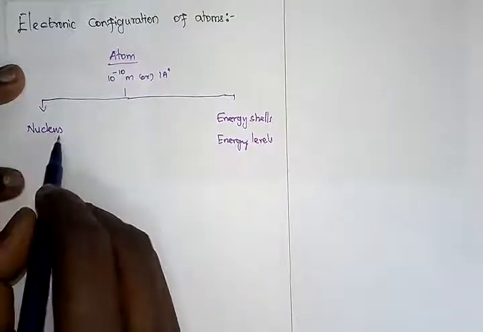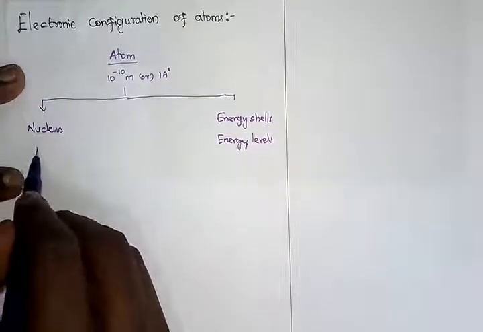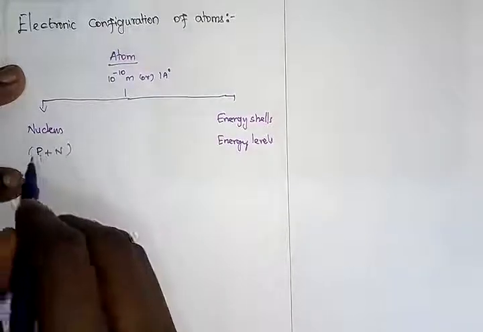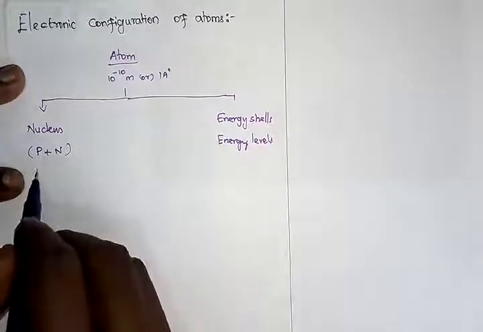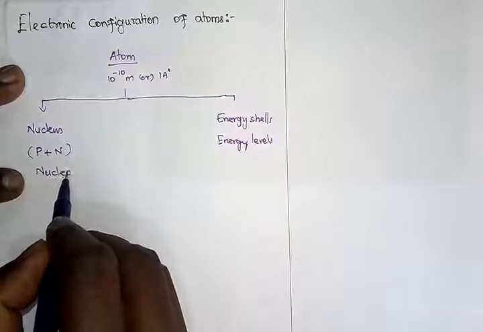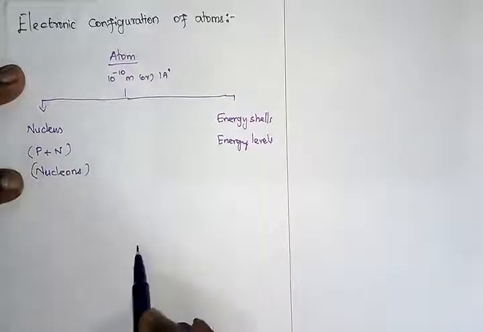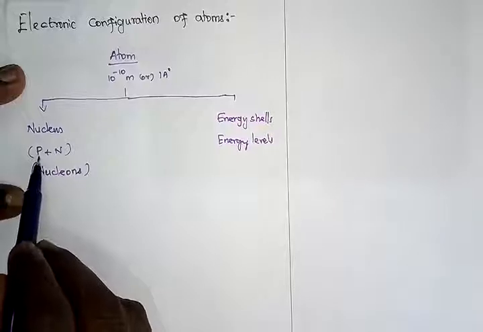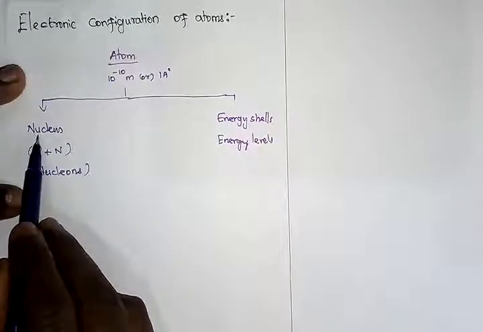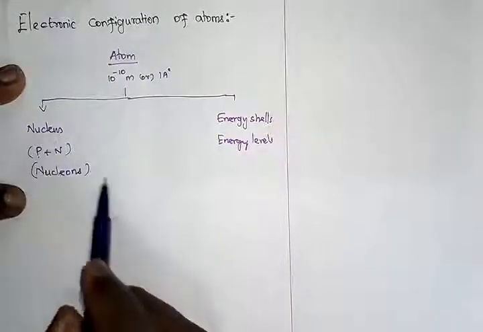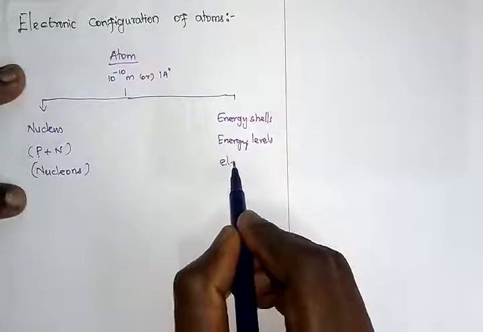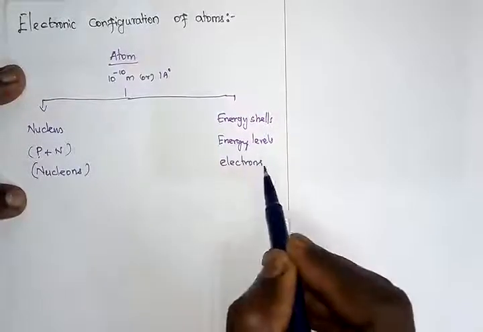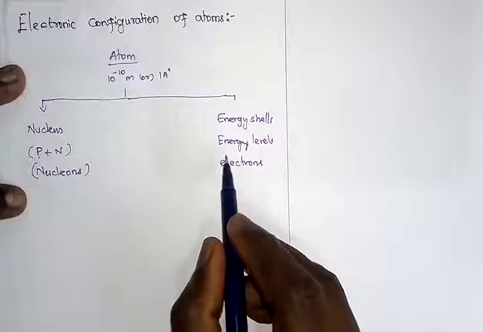The nucleus is made up of protons as well as neutrons, so they are collectively called nucleons. The subatomic particles proton and neutron are present in the nucleus, whereas the electrons are present in the energy shells.